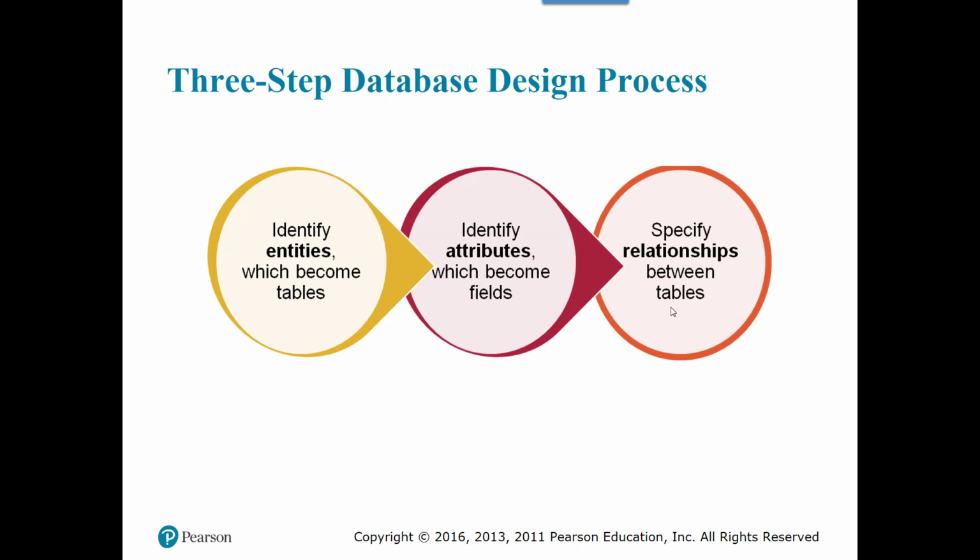Those pieces of information are attributes. For example, first name, last name, middle initial, date of birth, date of hire, social security number. Those pieces of information are called attributes when you're designing a database. Those attributes make up entities.